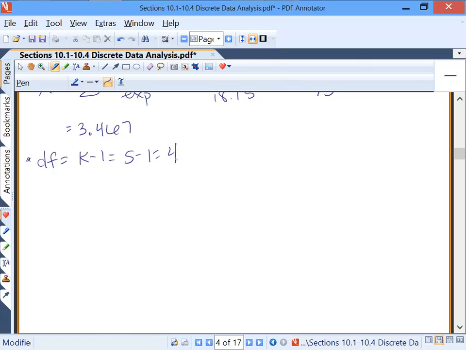So 4 degrees of freedom. So for my p-value, we're at 3.467, and I have to look for the area to the right because it is a right tail test. Okay, so everyone look at your chi-square table that's in front of you. You want 4 degrees of freedom, and you're looking for 3.467, and where are you going to find it?